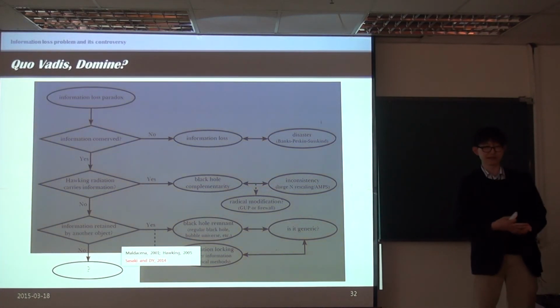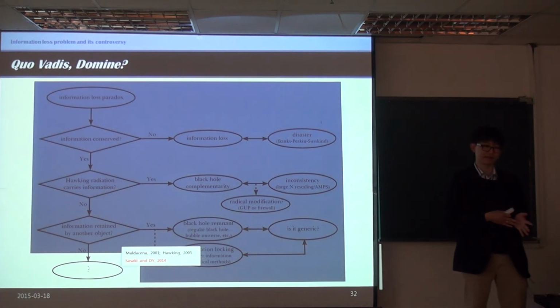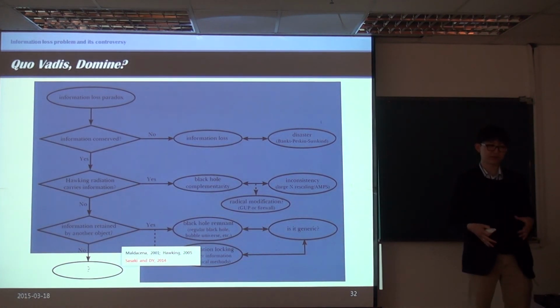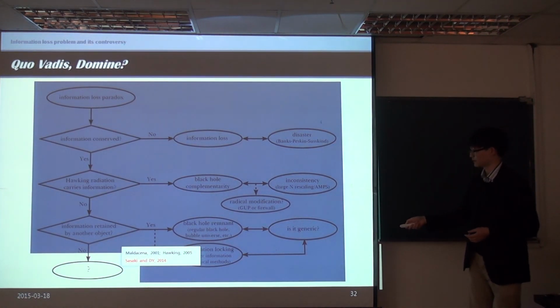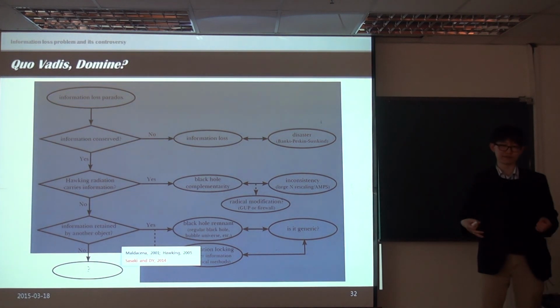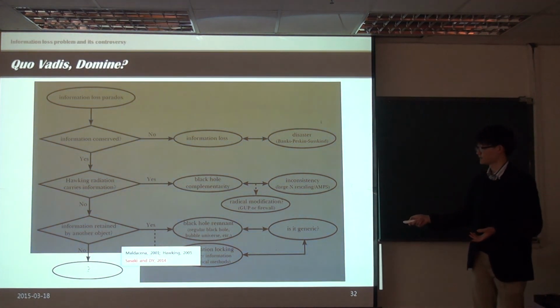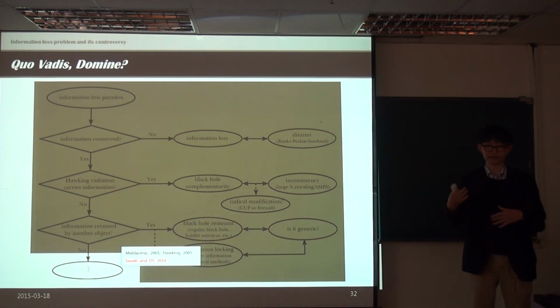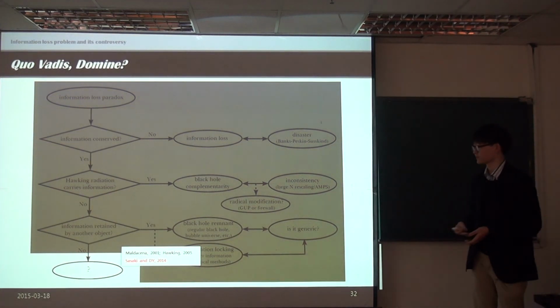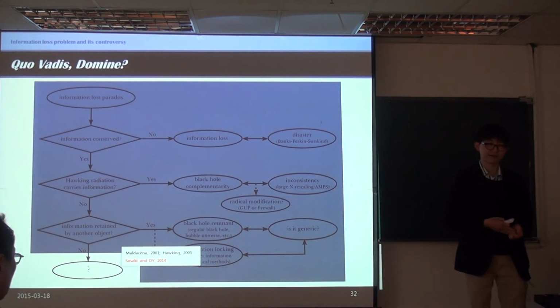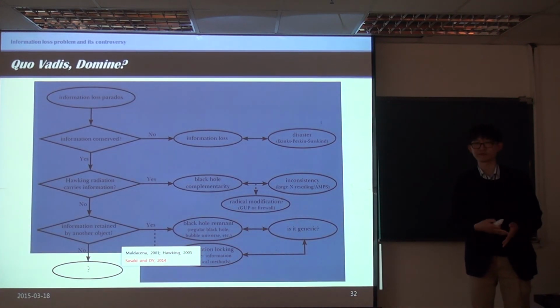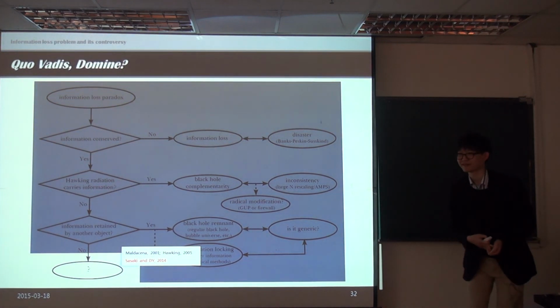It's something about the path integral approach, and Hawking's recent idea that he was wrong and information should be conserved, and it is related to the wave function and path integral instanton and so on. I'm interested in this approach, and I hope next time to say more details about this way. That's all.